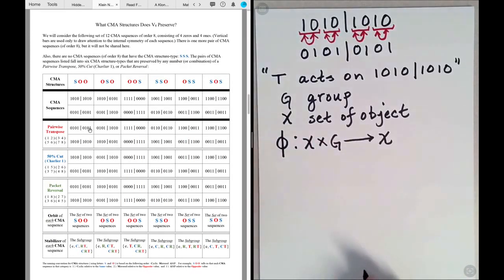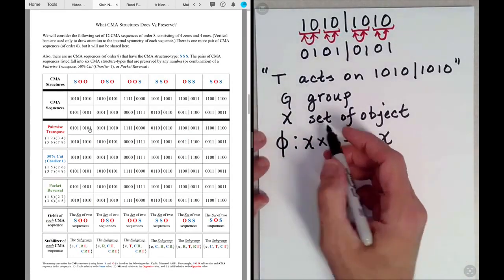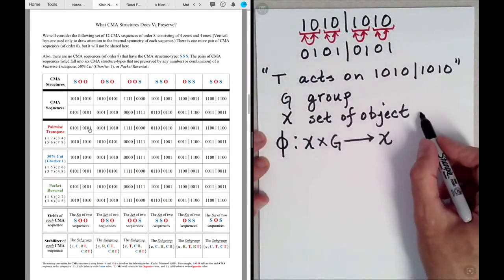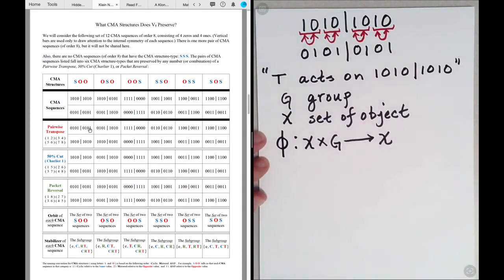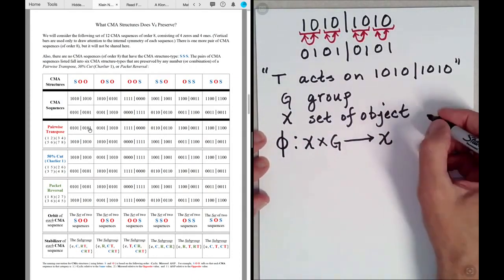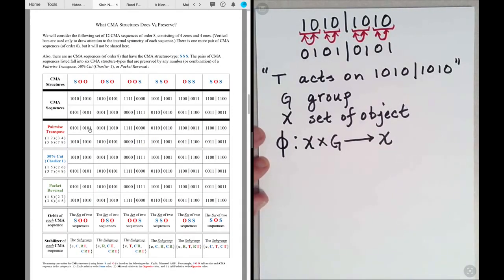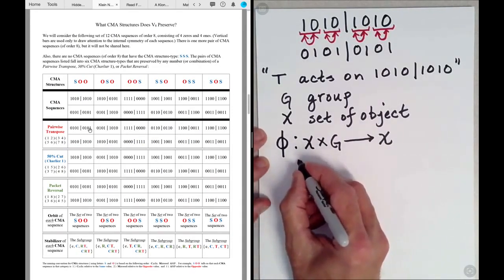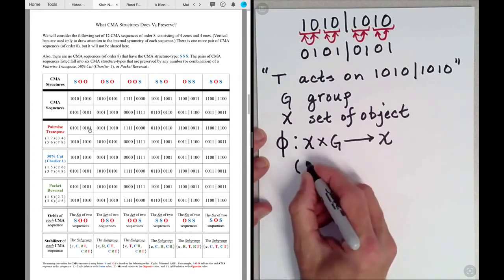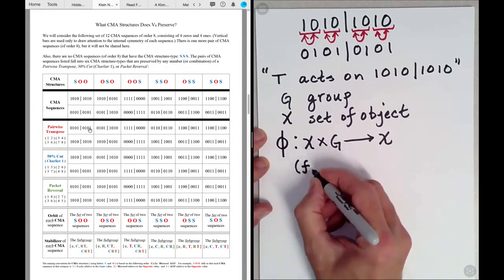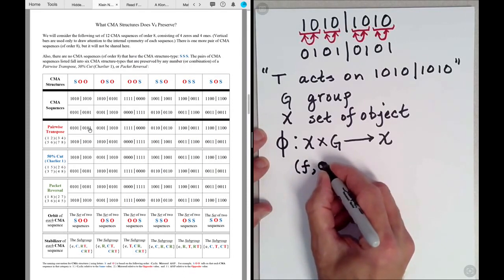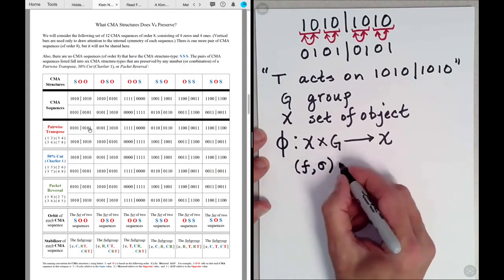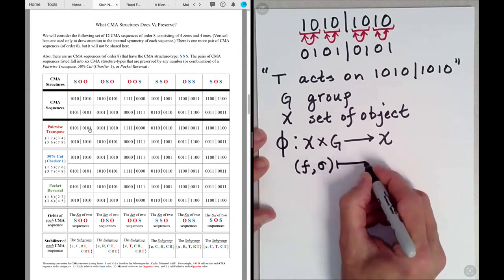The way that we're going to do it is our set X will consist of functions. So this will be a set of functions here. What we have to be able to do is say, let me just use these names and I'll explain what they refer to.